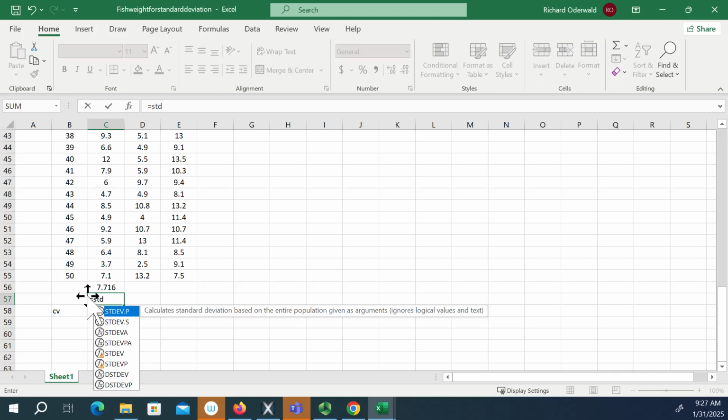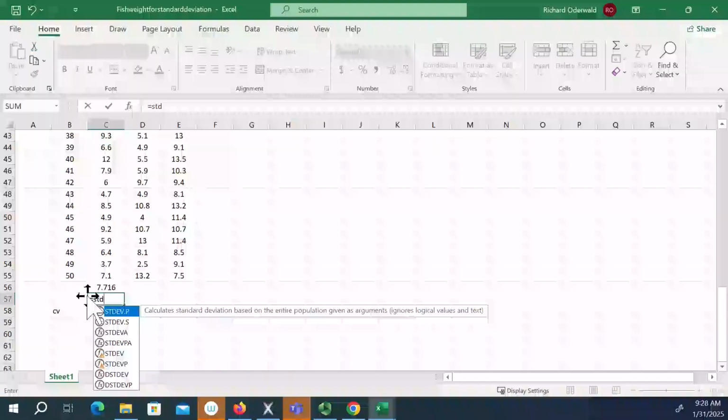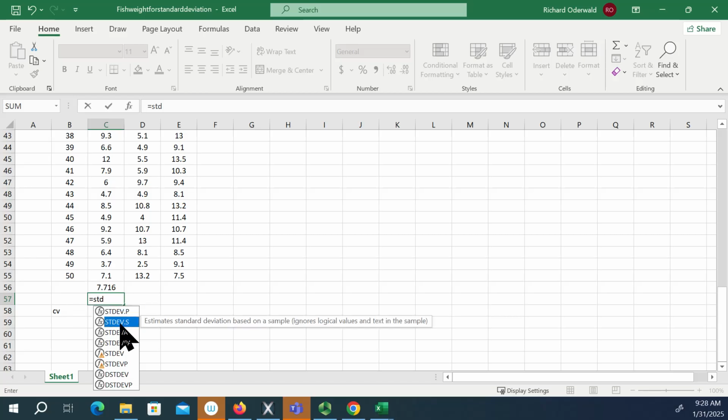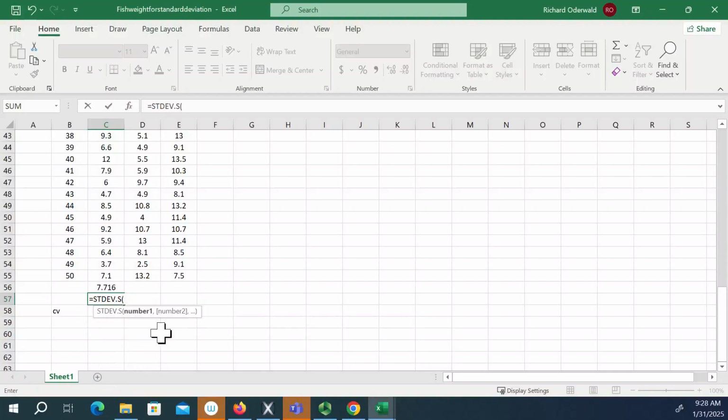And there's a couple of them here. The main ones it comes up with first is .p and .s. stdev.p assumes we know the population average. This is where our 1 degree of freedom is not lost. The one we want to use for anything is stdev.s.